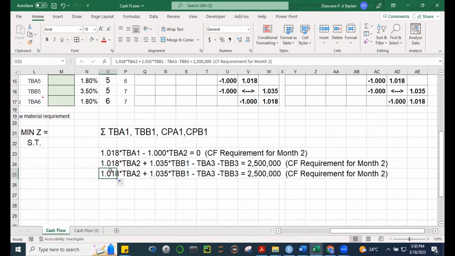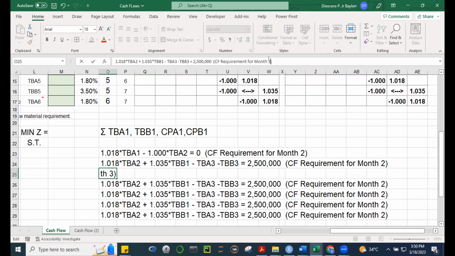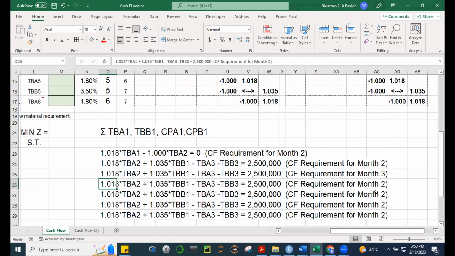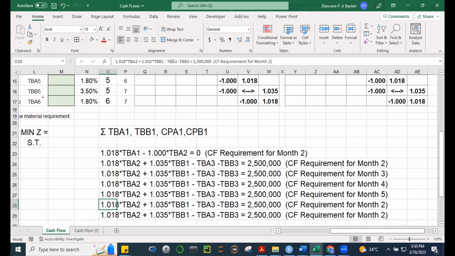Let's write everything here: months 2, 3, 4, 5, 6, 7. For month 3, can somebody please dictate to me so that I don't have to look back? One volunteer, and then another volunteer. Okay, Chari, month number 3, please. Kindly dictate.